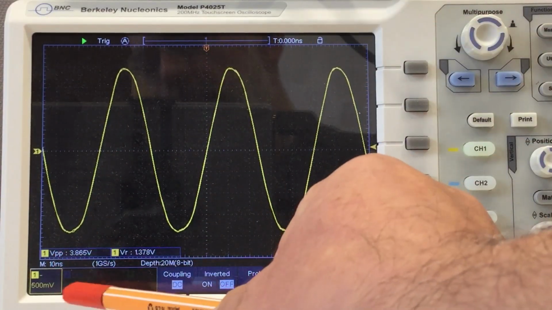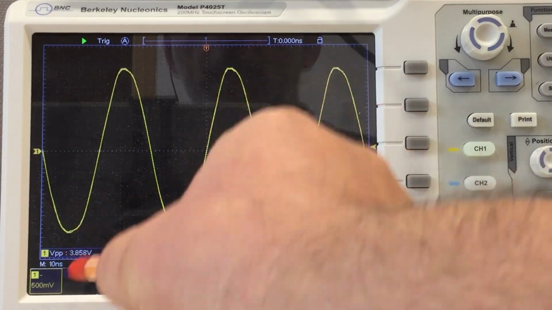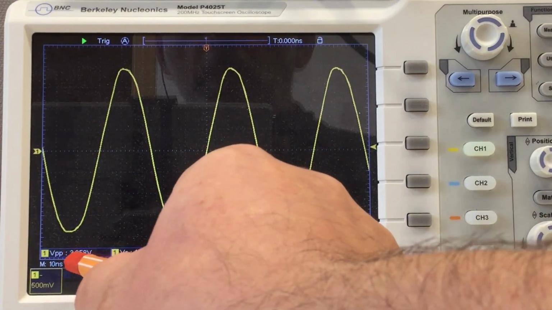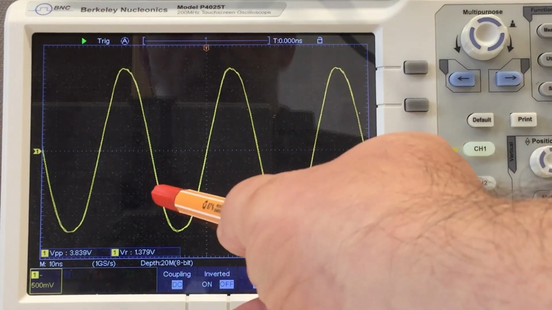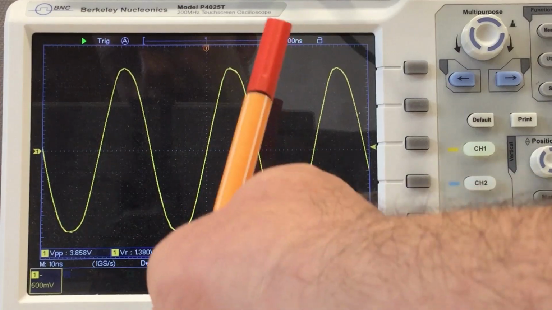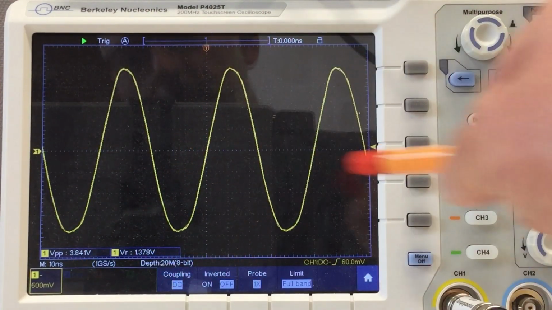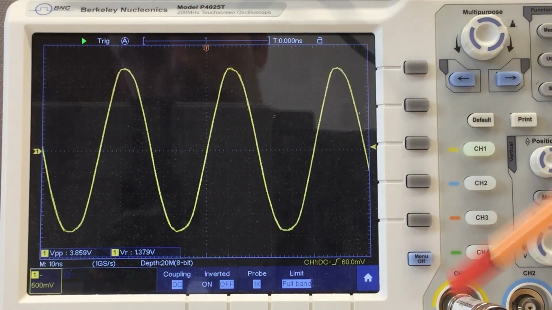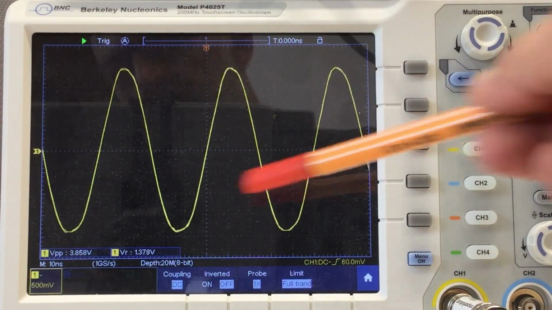We also see here that the voltage going into the oscilloscope is only 3.8 volts and not 5 volts peak to peak as it should be, with 10 volts peak to peak set, 50 ohms output impedance and 50 ohms termination. So it's a voltage divider 1 to 1.